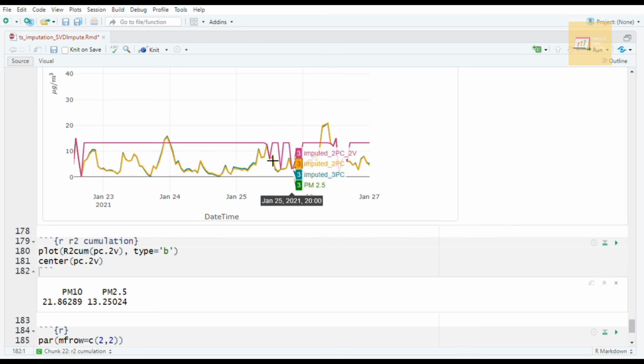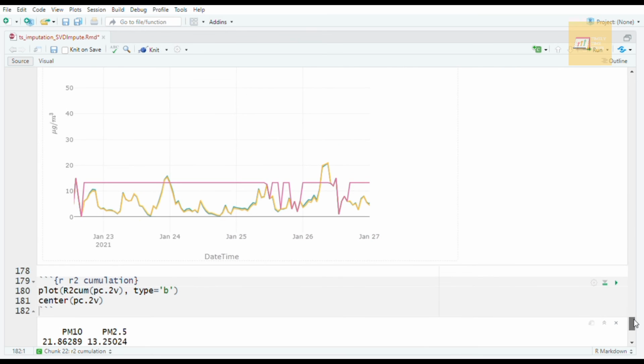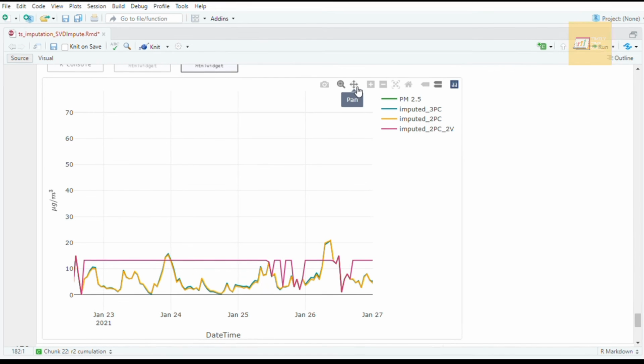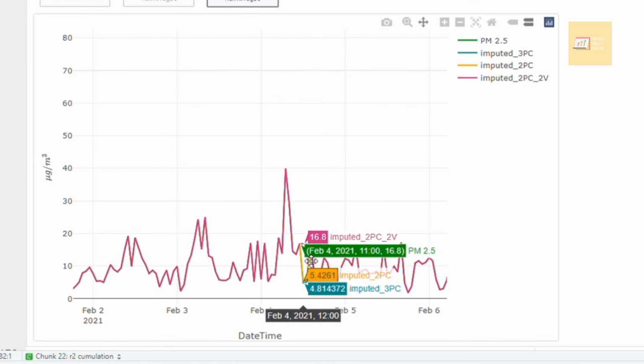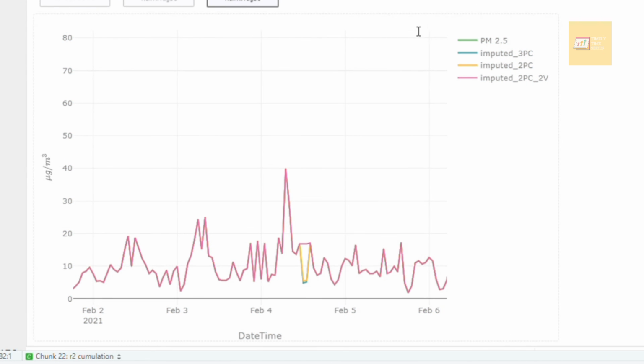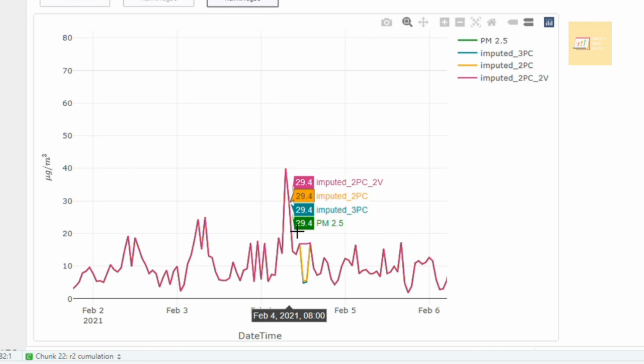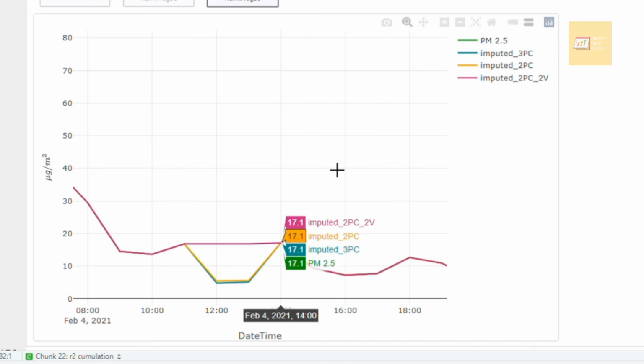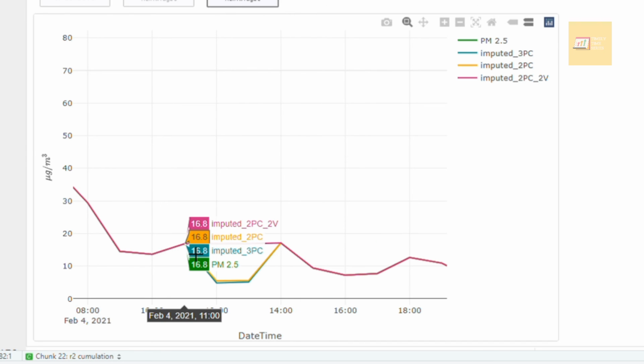But if I remember correctly, it's not always like this. Wait, let me see. Like this one. On February 4, we have another missing value. Let me zoom in again so we can see better. Here, February 4, 11 a.m. This is the last hour before the missing period.